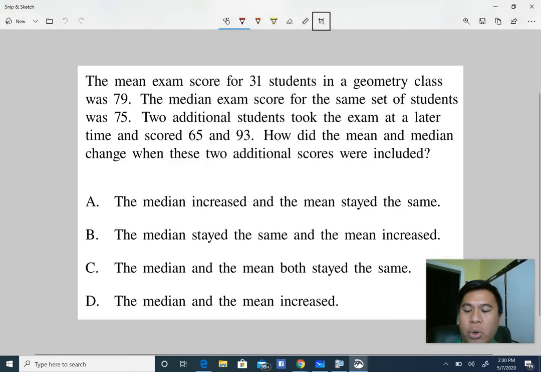So for your own personal practice, you can solve this one, which says the mean exam score for 31 students in a geometry class was 79. The median exam score for the same set of students was 75. Two additional students took the exam at a later time and scored 65 and 93.